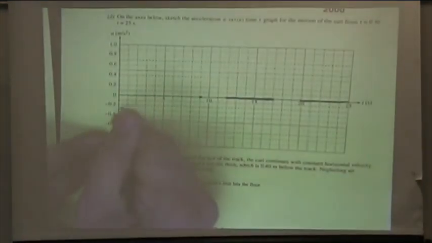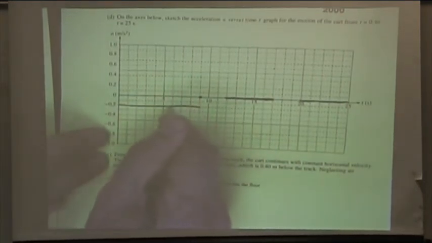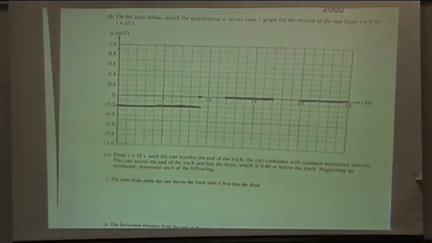And that's constant. So all I need is a nice steady line for the first 9 seconds at negative 0.2.